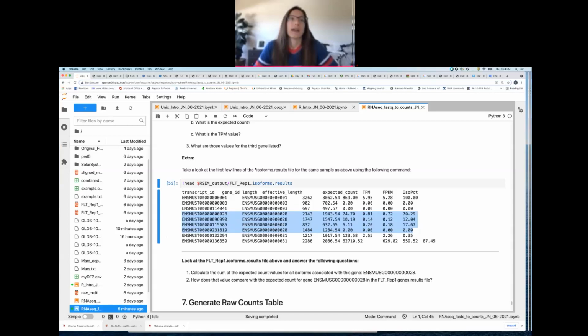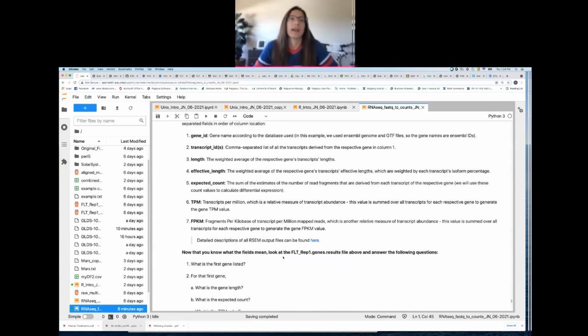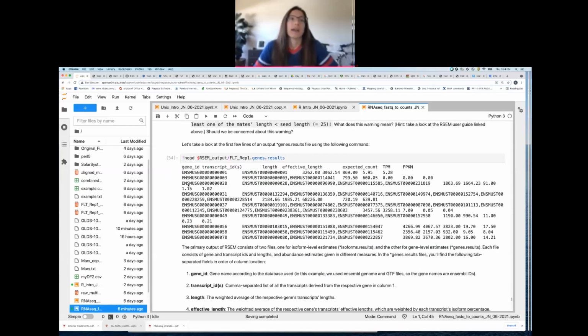So if you add up the expression values in counts for all of the isoforms for this specific gene, you get 91. And now I want you to compare that expected count value, the sum of those transcripts for this gene, to the expected count value for that gene in our genes.results file. It's going to be this line here. Is it the same? Is it different? Yeah, it's the same. Do you expect it to be the same? Yeah, that's a good guess, Christina.